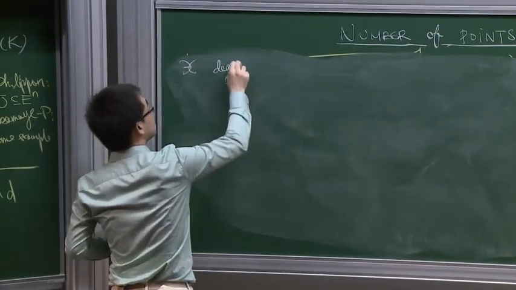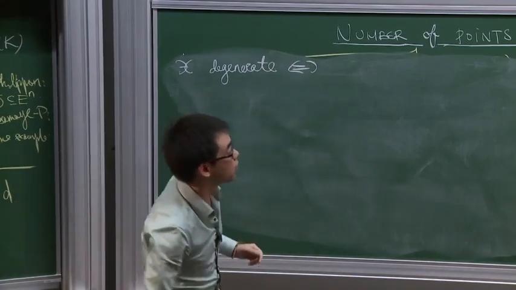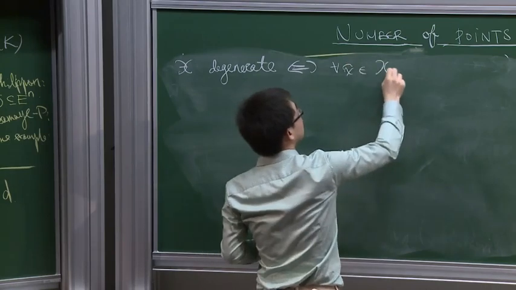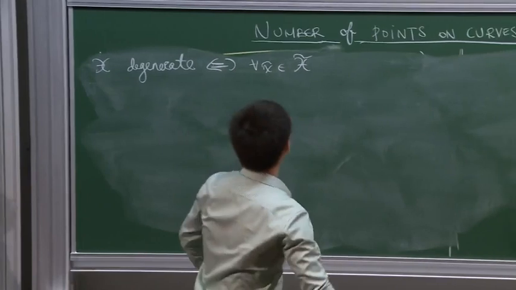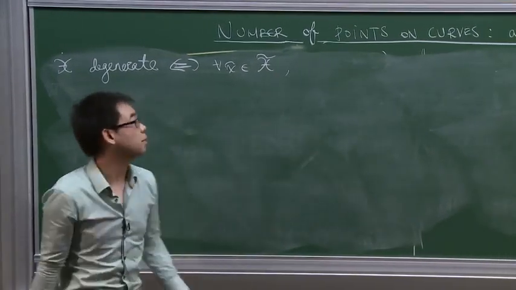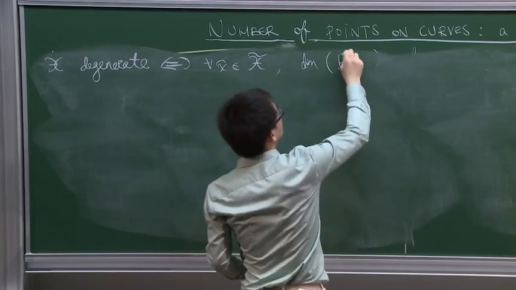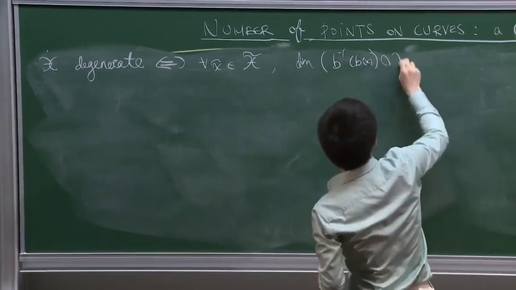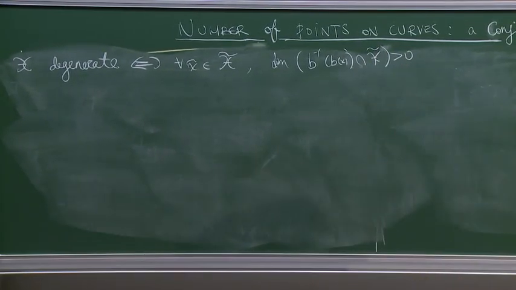X is degenerate if and only if for any x tilde in this component X tilde, it lies in a fiber, so the dimension of b inverse of b(x) intersected with X tilde is positive.